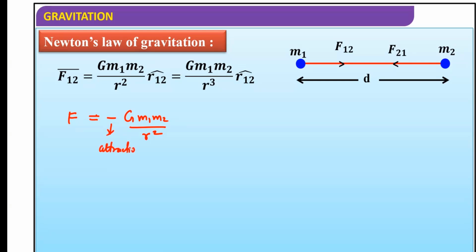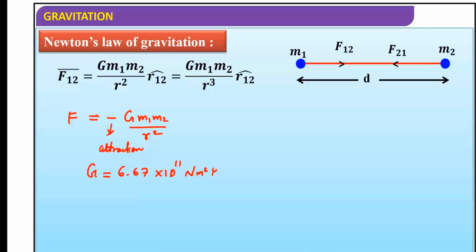Okay, the nature of the force is attractive, right? G is known as the universal gravitational constant and the value is 6.67 into 10 raised to minus 11 Newton meter square per kg square. Remember that this is the universal gravitational constant.